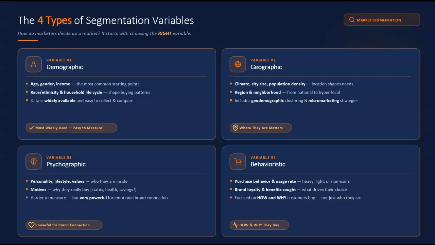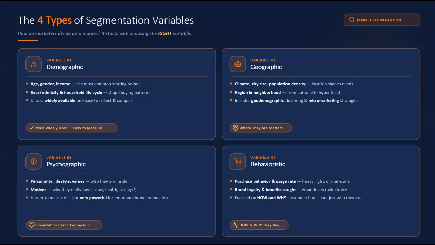Then we have geographic segmentation: the climate, city size, population density, region, and neighborhood. It includes geodemographic clustering and micro-marketing strategies. Where they are matters.